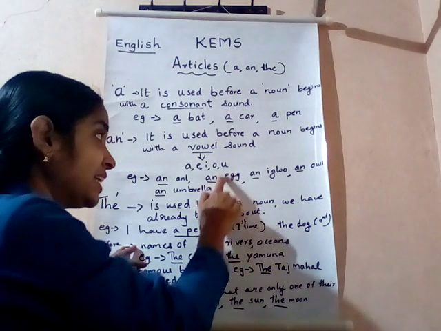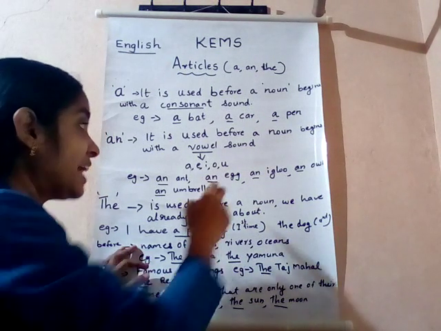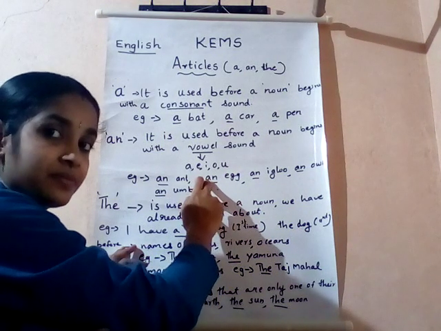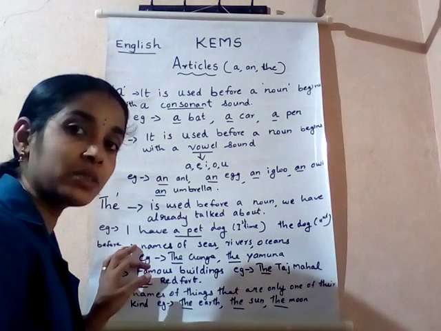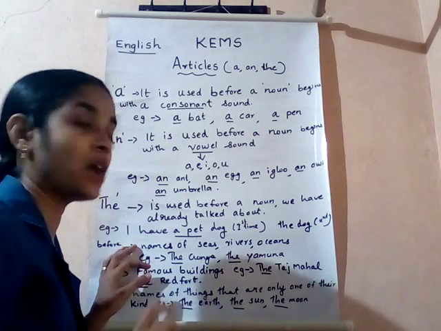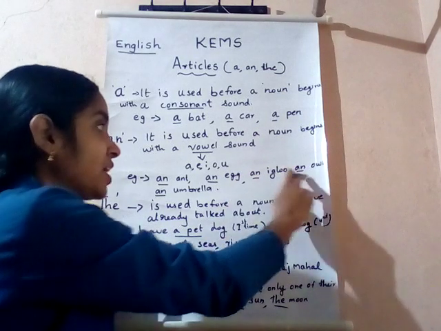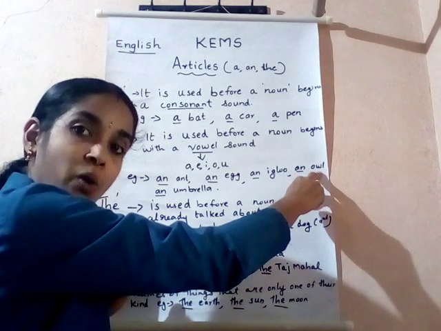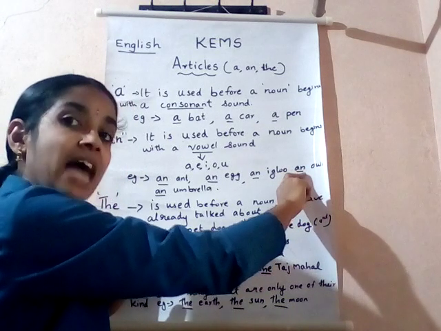Egg, E is a vowel sound, and before the noun we have to use an. Igloo is also a noun and it has a vowel sound I, and we use an. Here, owl. Owl is a noun and it also has a vowel sound O, and before it we use an.